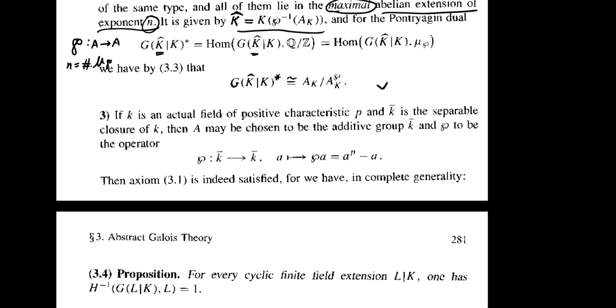If K is actually a field of positive characteristic, then K bar is the separable closure of K, and then A can be chosen to be an additive group.